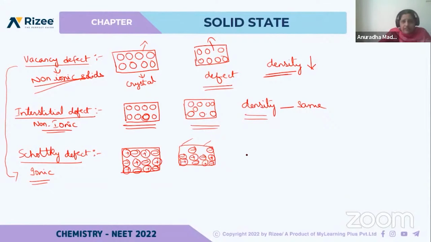Then what about the density? Obviously density is going to decrease, because an equal number of anions and cations go out of the crystal. It is the same as vacancy defect, but the difference is that one is in non-ionic solids and this is in ionic solids.